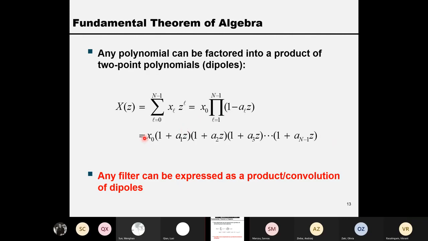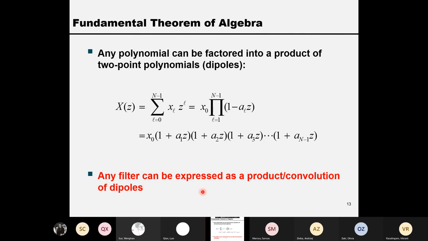So that means here, one Z transform multiplied by another Z transform is one convolution. And multiplied by another Z transform is another convolution. Another factor multiplication here is another convolution in the time domain. So this really means this filter can be expressed as a product in the Z transform, but in the time domain as a convolution of dipoles.